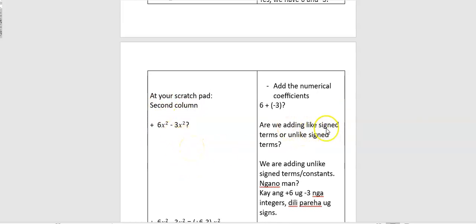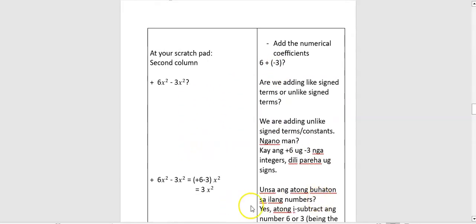Are we adding like sign terms or unlike sign terms? Okay, so let's do the first step. Add the numerical coefficients or the numerical factors. So, ang number part diri kay positive 6. Ang number part diri kay negative 3. So, i-add ang number part. So, positive 6, negative 3 is equal to, so we have positive 6, negative 3.